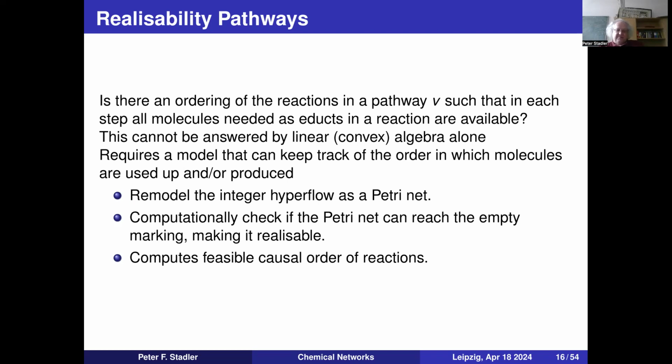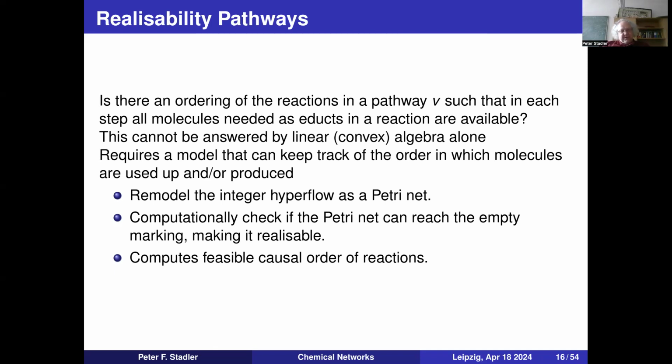And that basically gives you a feasible causal ordering of the reactions, while before you only had a set of reactions that have to be present in certain multiplicities in your flow solution.